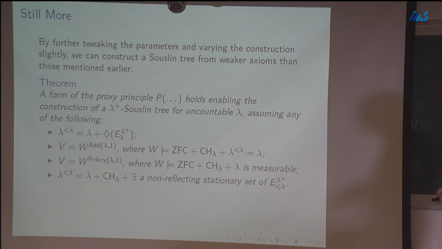And these are sort of classical axioms from which Souslin trees have been built. You can see this as an extension of the list from before. This is the one that Jensen used, and these are other Cohen extensions, Prikry extensions, where you can get a Souslin tree. This was from Gregory, I think. Is that right? There's one from Gregory.